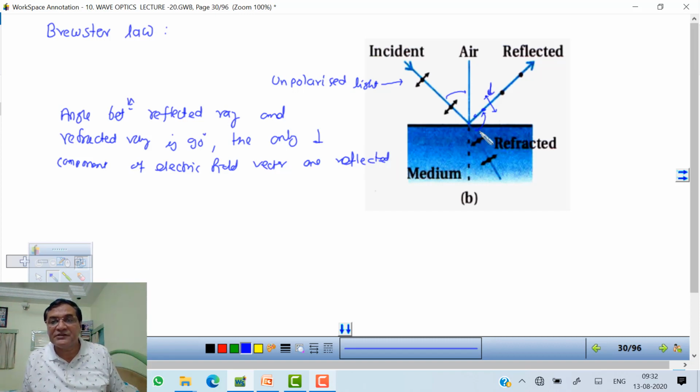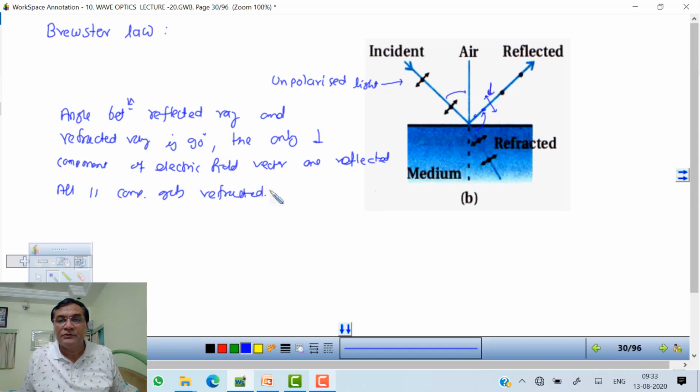All parallel components get refracted. See, this ray is the reflection and this is parallel. So the parallel component will not reflect when this angle becomes 90 degrees. Okay, this is the thing.